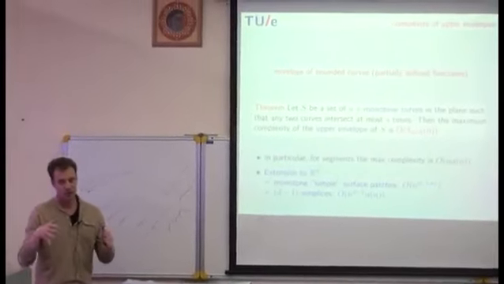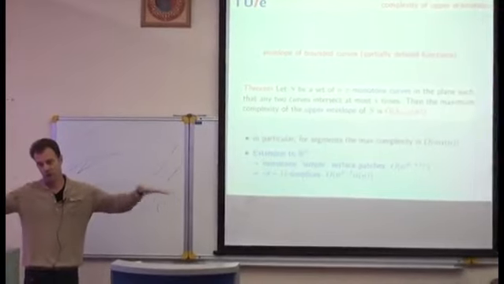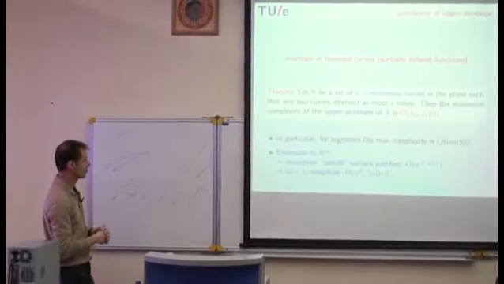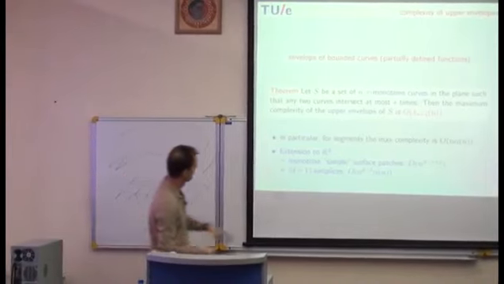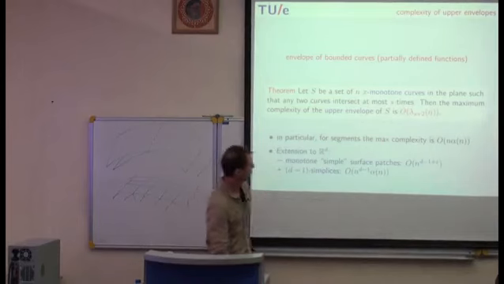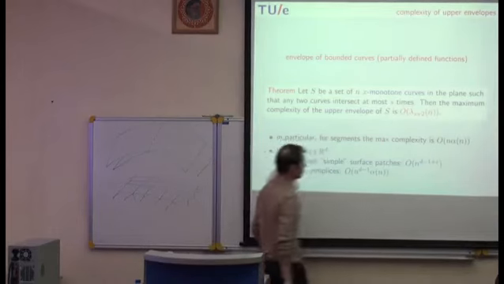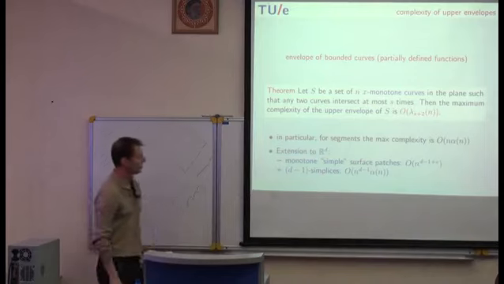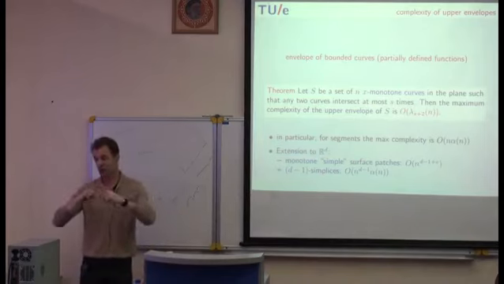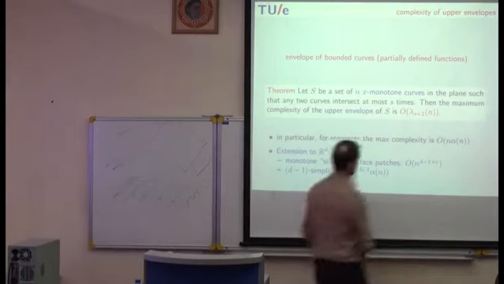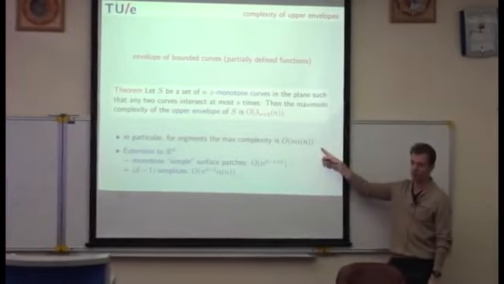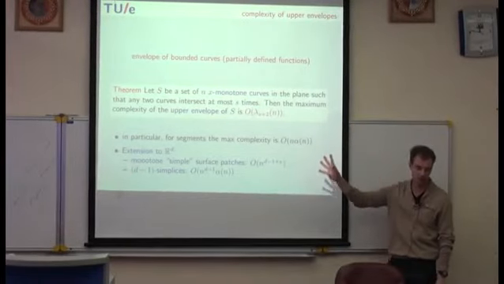Okay, if instead of fully defined functions or unbounded curves, I have curves that can also have endpoints, then we saw that the bound was lambda sub s plus 2. For segments that can intersect only once, s equals 1, so I get lambda 3, and lambda 3 was this n alpha n. Okay, so that's a bound you see a lot in papers.